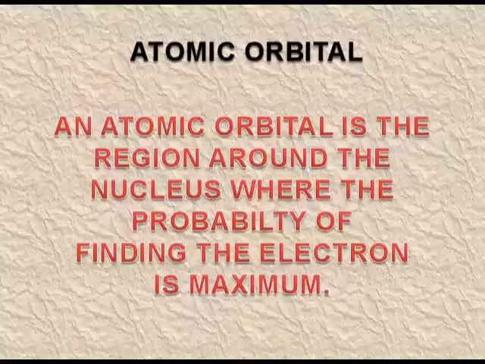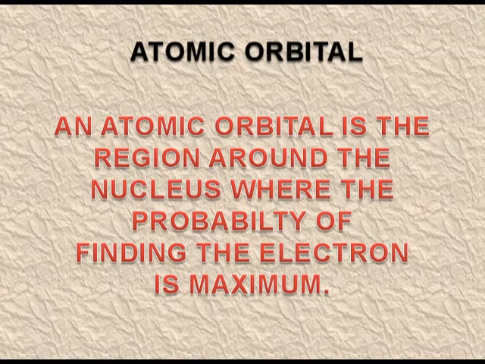Now let us know what orbitals are. These are the regions around the nucleus where the chance of finding the electron is maximum. There is no definite path like an orbit. Scientists used to explain the atomic model like a solar system.